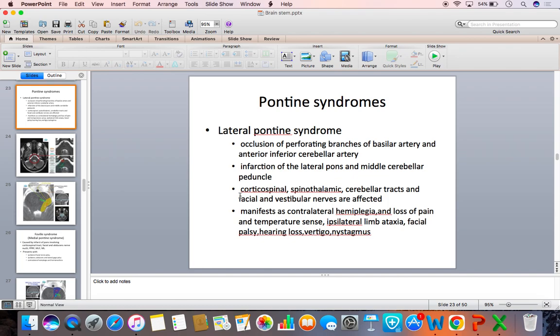This is the way we have to interpret the clinical signs of pontine injury, whether the neurological injury is due to infection, trauma, or ischemia. So, my dear students, it should be clear to you how to interpret the clinical manifestations of pontine syndromes.